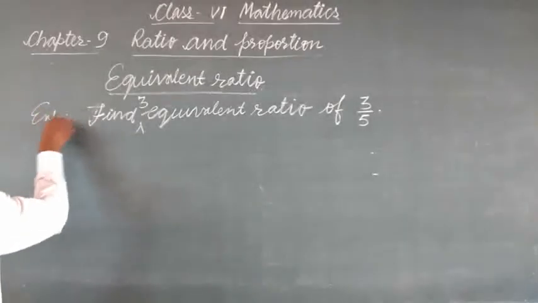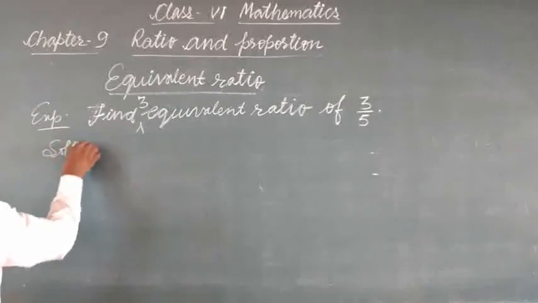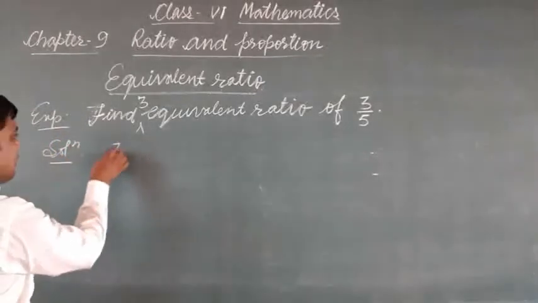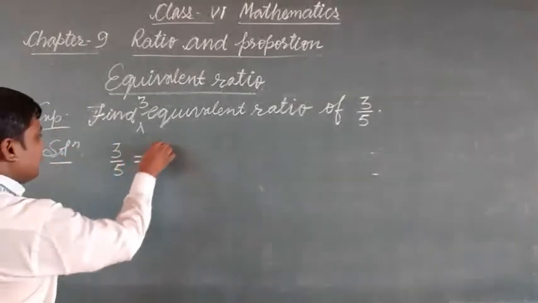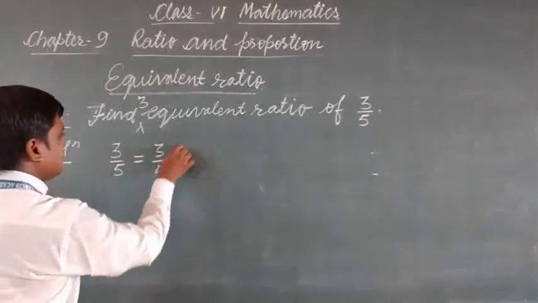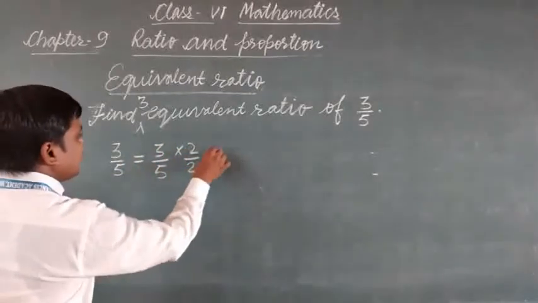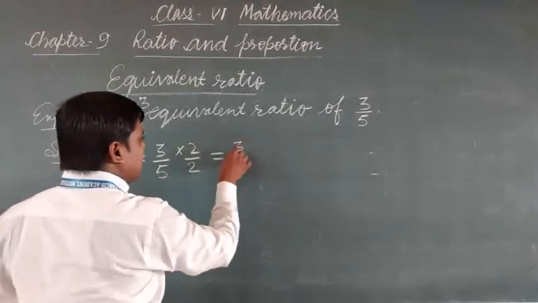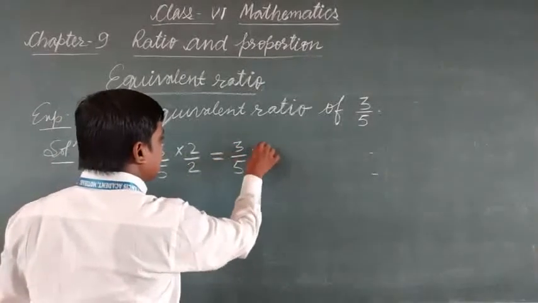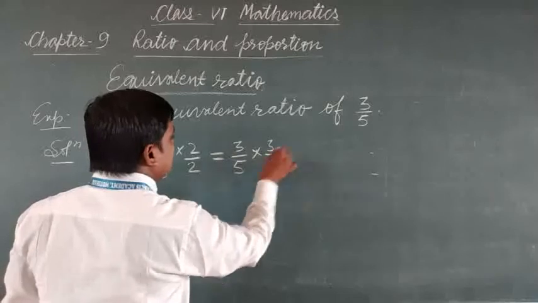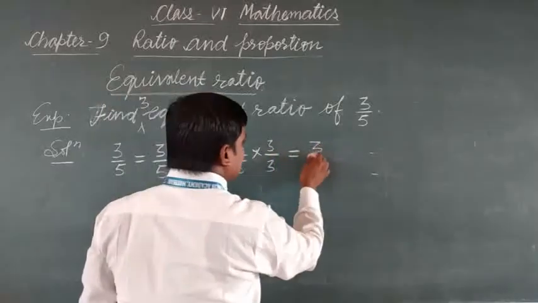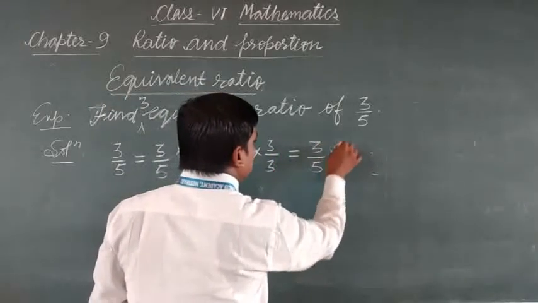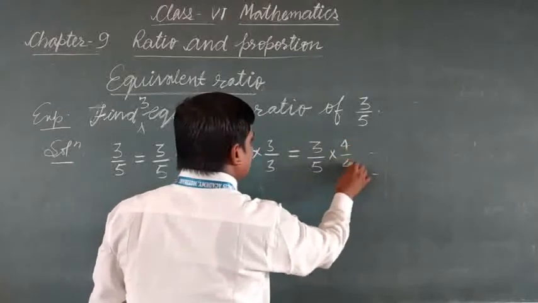Solution: 3/5 is equal to 3/5 multiplied by 2/2, then 3/3, then 4/4.